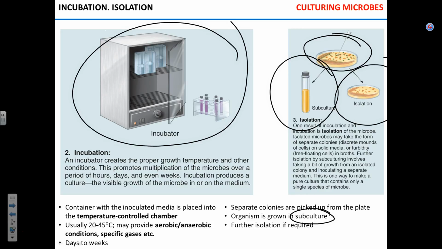So that's one of the reasons to go 1 step ahead with the subculture, because once you get a culture with 2 species in it, you won't be able to separate them. Does that make sense? You can isolate colonies only on a solid medium.